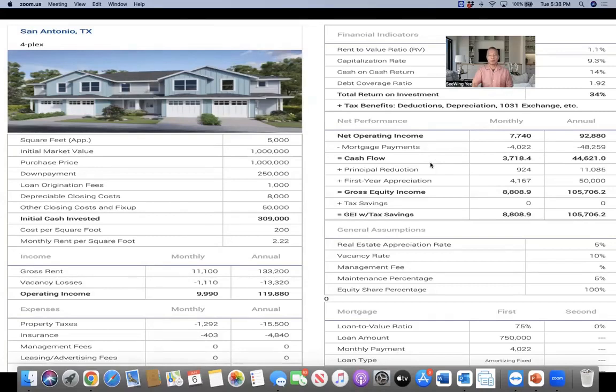There's no right term. But anyway, again, the new revised formulas: the rent-to-value ratio is 1.1%. The capitalization rate is 9.3%. The cash on cash return is 14%. And the total ROI in the first year is 34%.